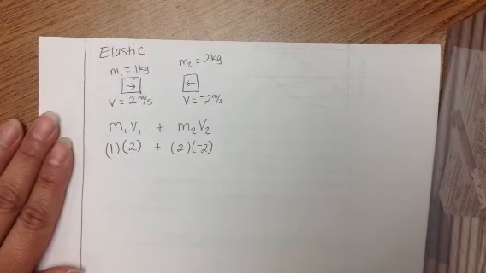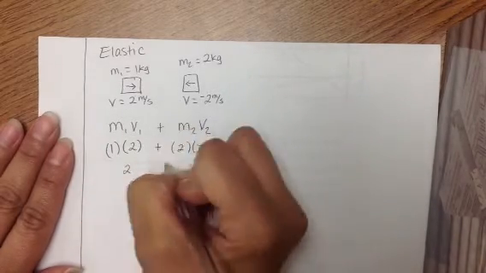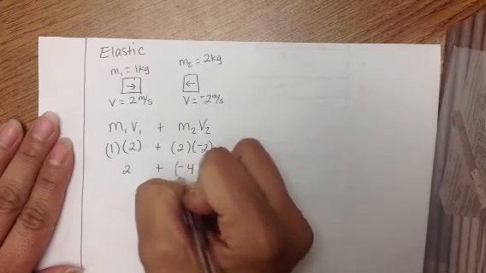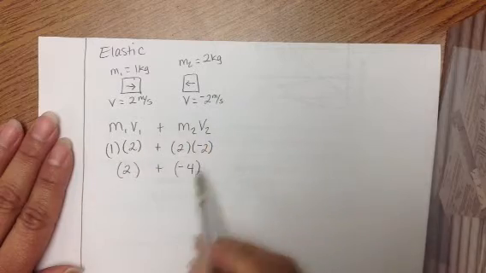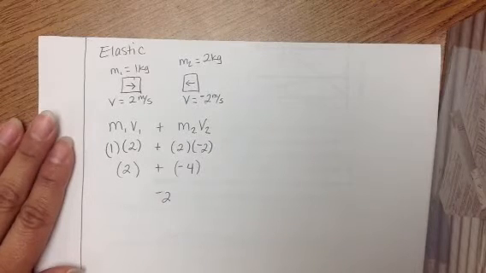Then we would simply multiply these values and add them together. 2 times 1 is 2, plus 2 times 2 is 4, but that would be a negative 4, which means that our total momentum before the collision is a negative 2 kilogram meters per second.